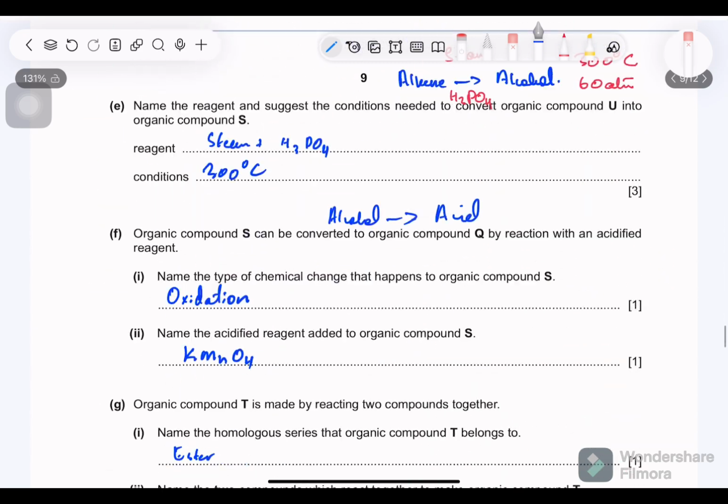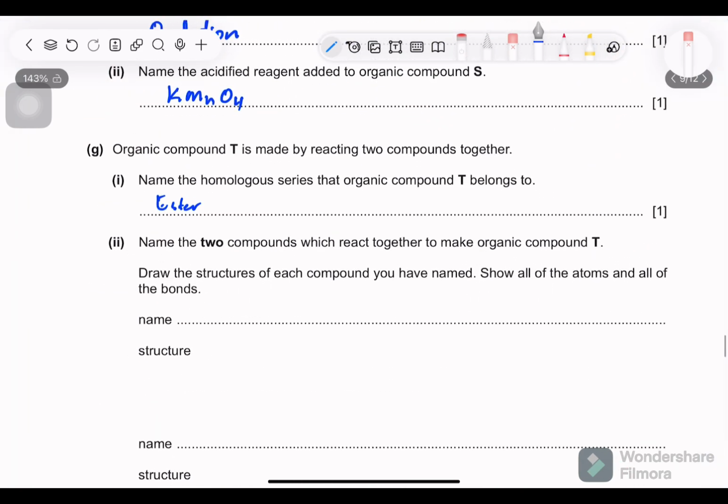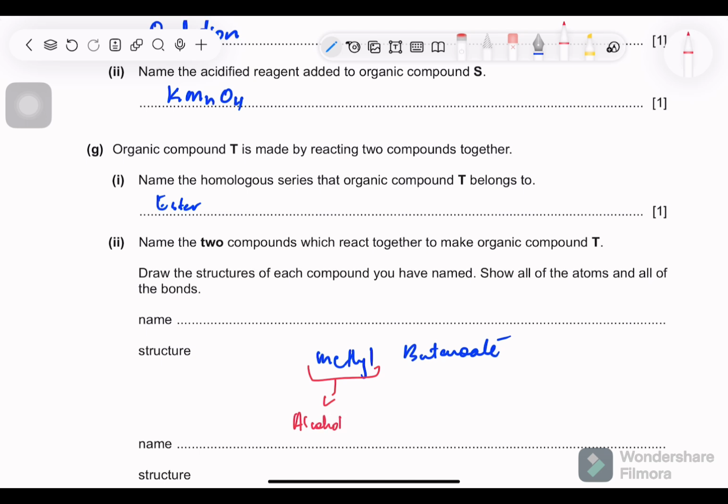So that is methyl butanoate. As we know, this part of the name is from the alcohol. An ester is formed when an alcohol and an acid react in a condensation reaction, and this part is from the acid. So but means a four carbon acid, and methyl means a one carbon alcohol.